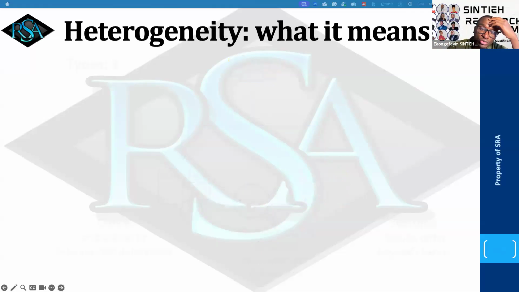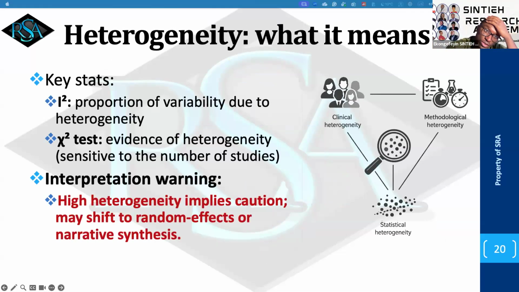And how we report heterogeneity in systematic reviews is that we use the I-square value. The higher the I-square value, the more heterogeneous it is. As a rule of thumb, 50 to 75 is acceptable. If it's greater than 75, the study is so heterogeneous that you should not consider doing a meta-analysis. That's just what you should pay attention to.